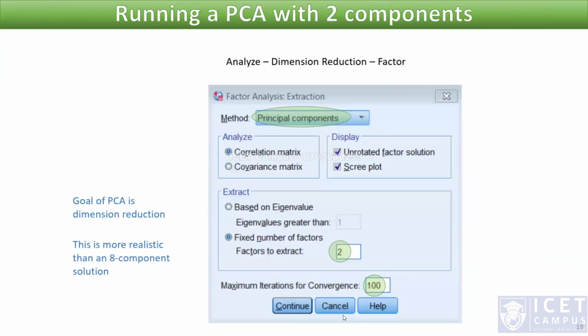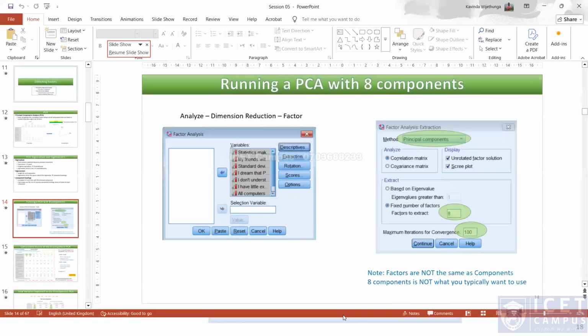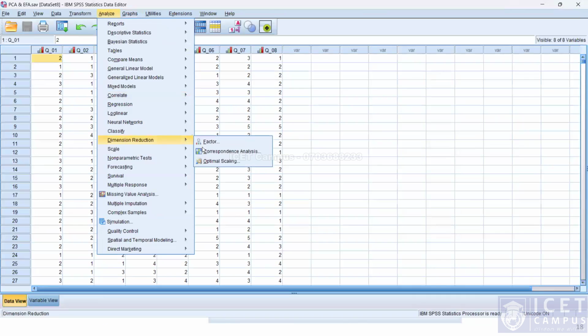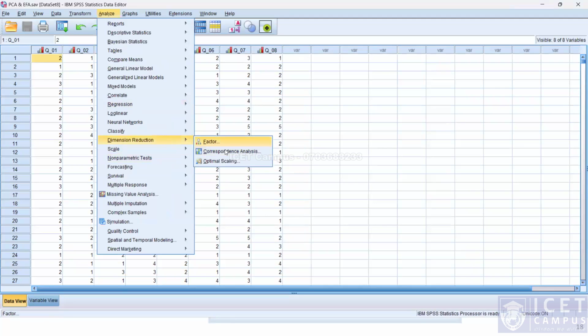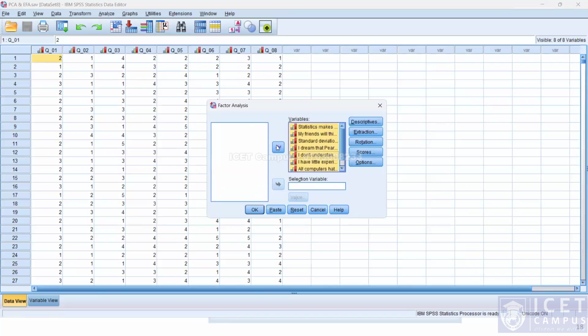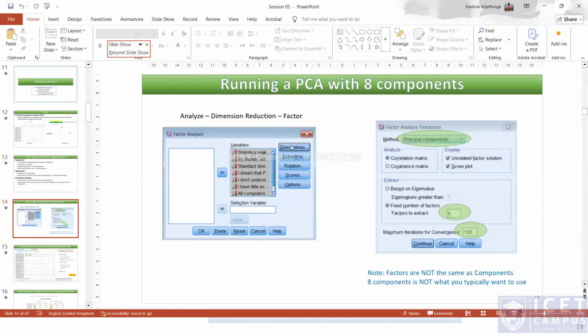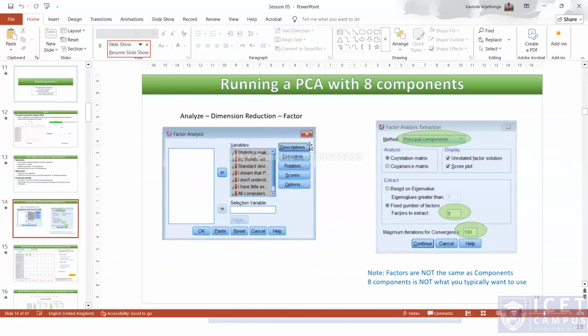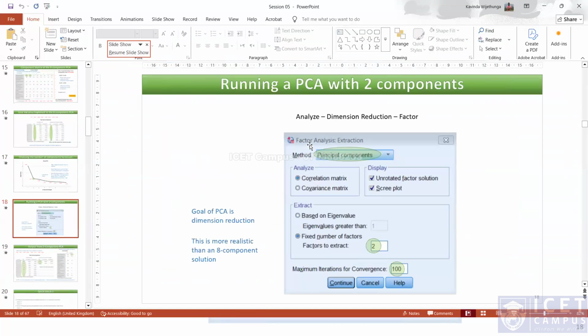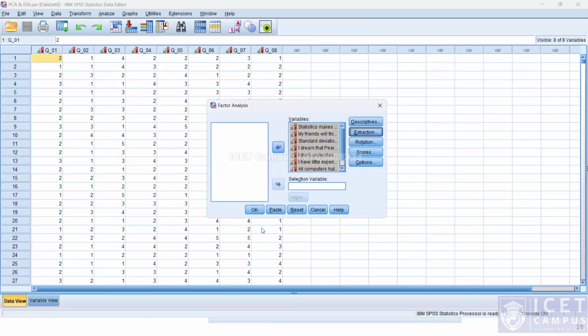We go again to Analyze, Dimension Reduction, Factor. Then we have only two.